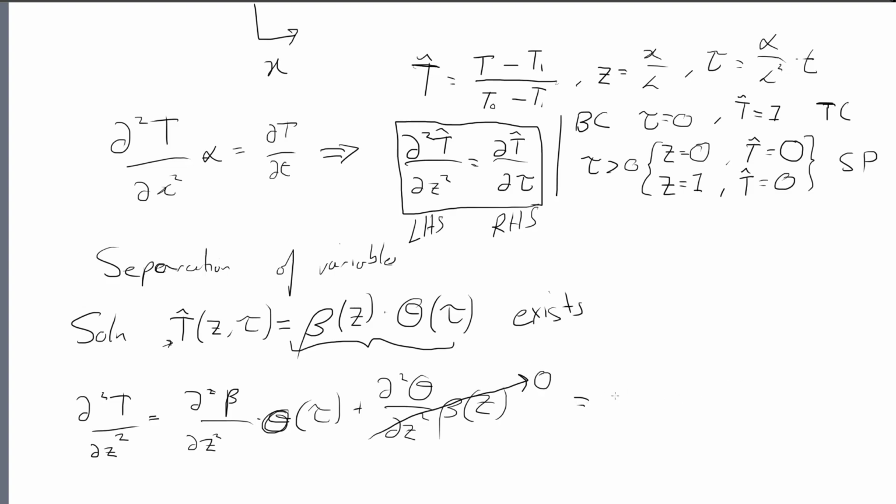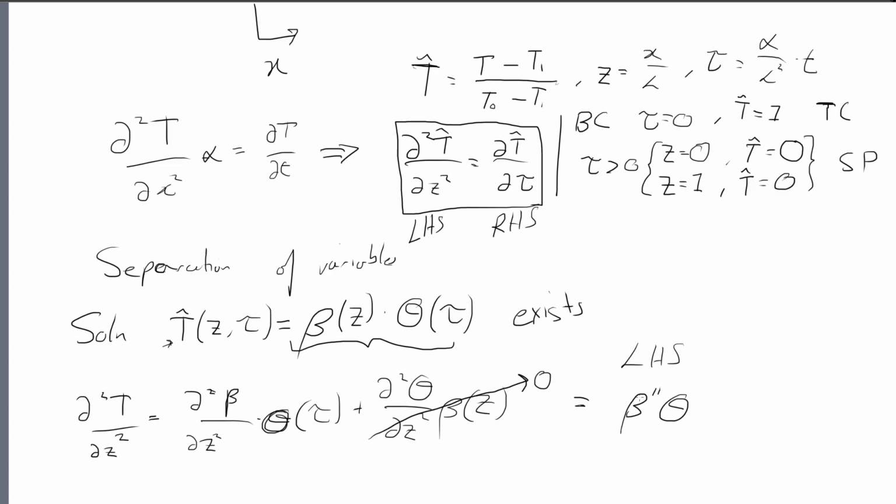So the left hand side is equal to, I'm going to use shorthand notation for the derivatives, beta prime prime times theta. And what I've done is that I've actually not shown that beta is a function only of z and that theta is a function of tau.